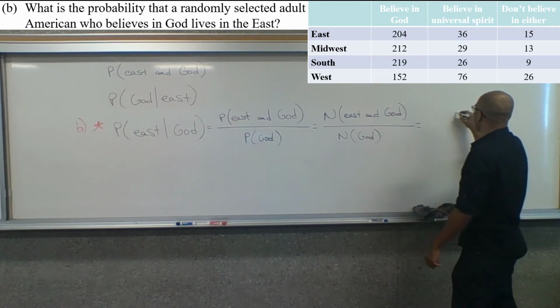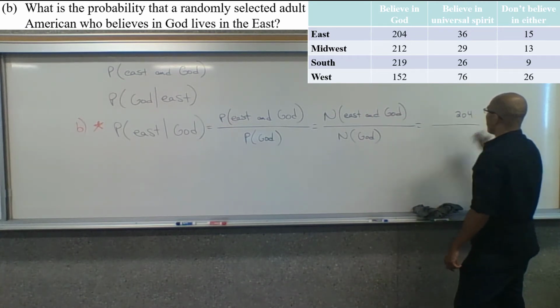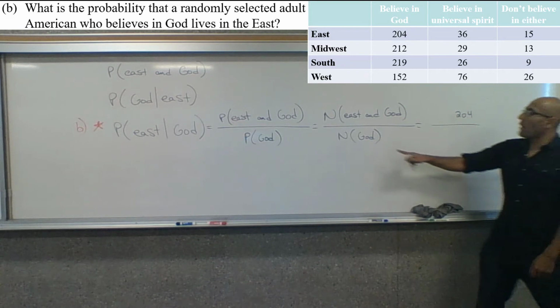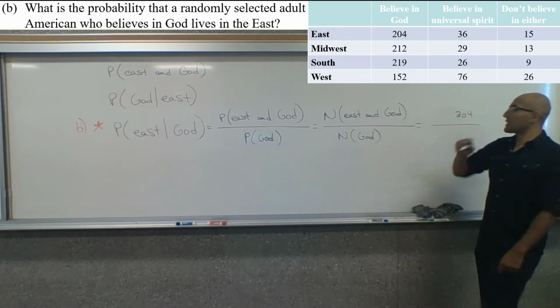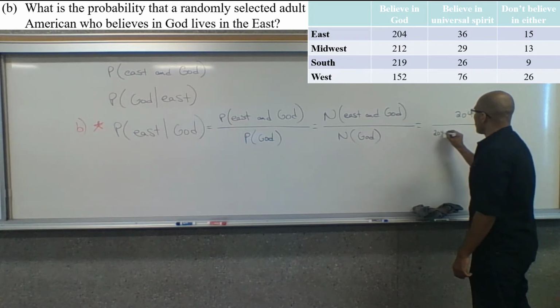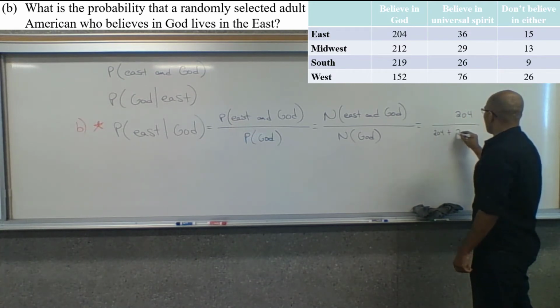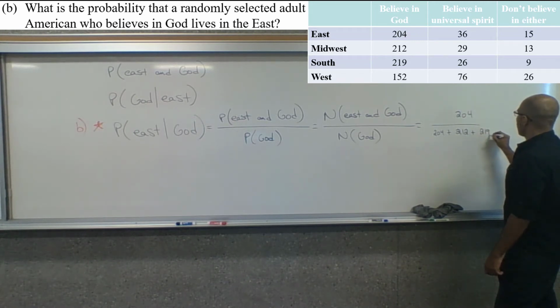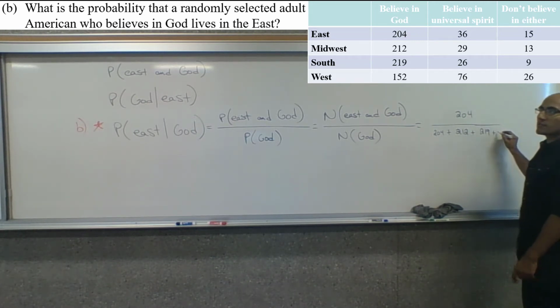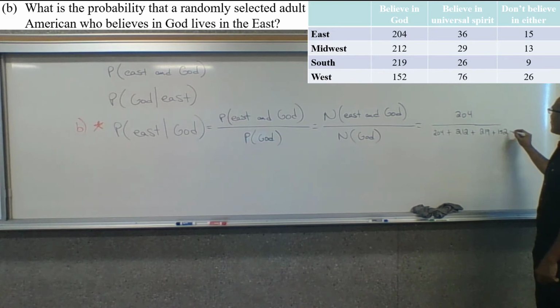Same thing as before. 204 people fall in that category. Now, how many people believe in God? Well, now we have to add them up, right? So it's the 204 plus the 212 plus 219 plus 152.